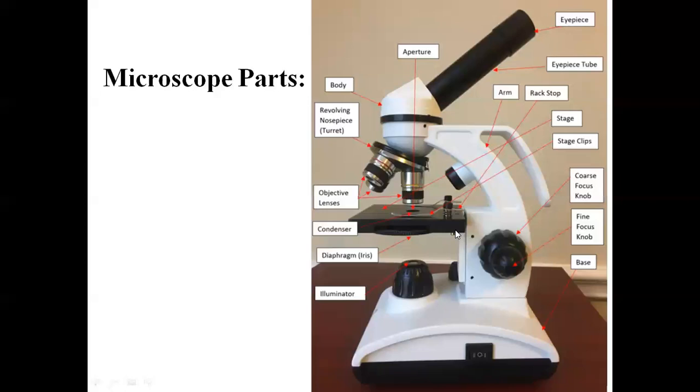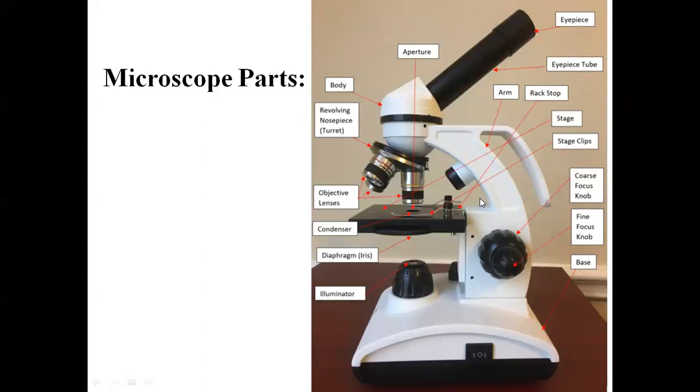Once you move the stage up or down, the focus of the sample that you are viewing through the eyepiece will be adjusted, whether it is clear or unclear. That can be done with your coarse knob.